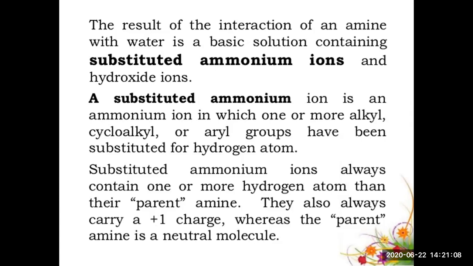A substituted ammonium ion is an ammonium ion in which one or more alkyl, cycloalkyl, or aryl groups have been substituted for hydrogen atoms. Substituted ammonium ions always contain one more hydrogen atom than their parent amine. They also always share a +1 charge, where the parent amine is a neutral molecule.